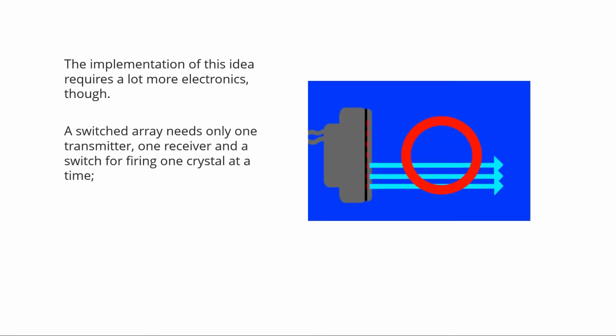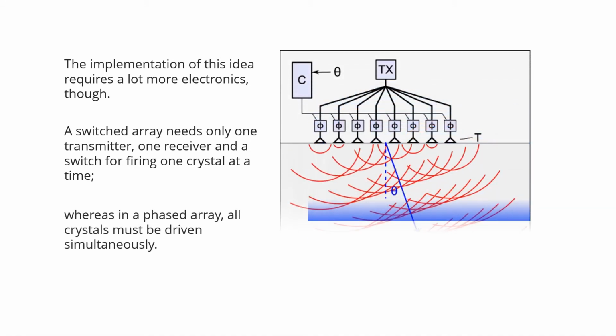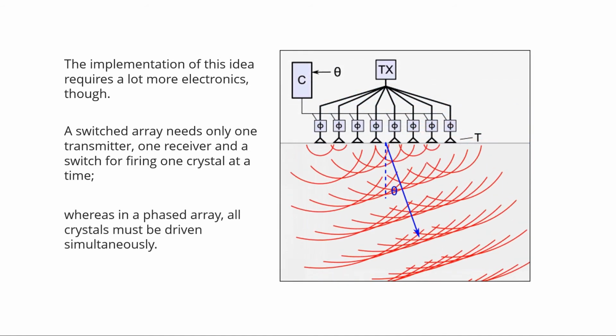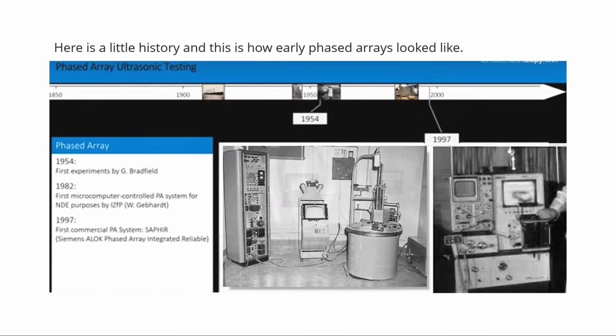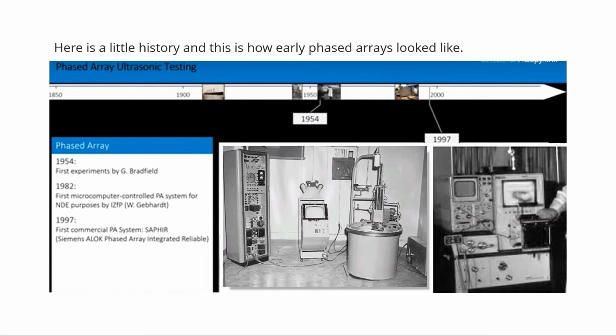The implementation of this idea requires a lot more electronics, though. A switch array needs only one transmitter, one receiver, and a switch for firing one crystal at a time, whereas in a phased array, all crystals must be driven simultaneously. Here's a little history, and this is how early phased arrays looked.